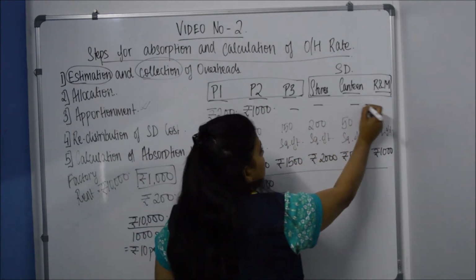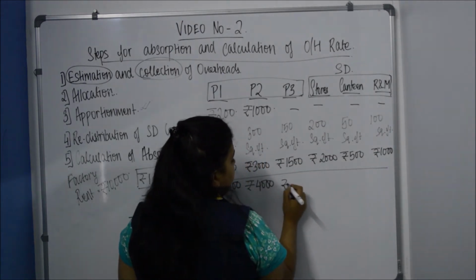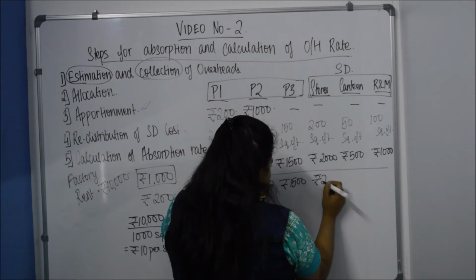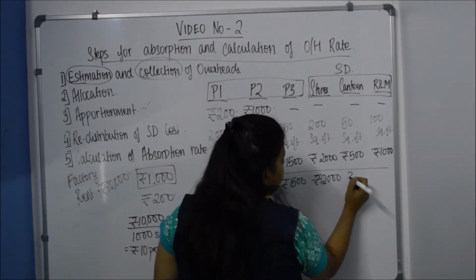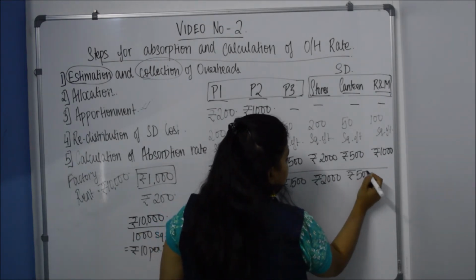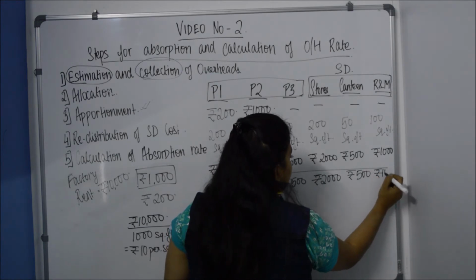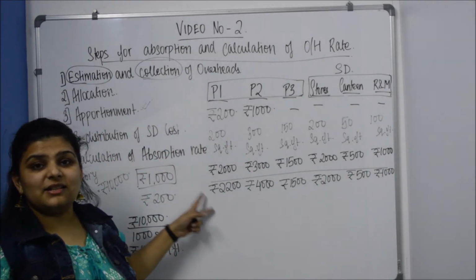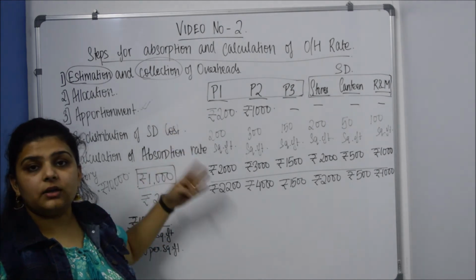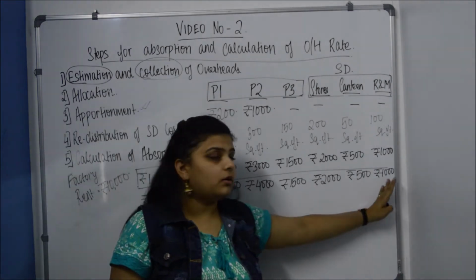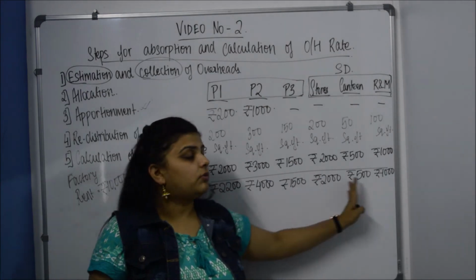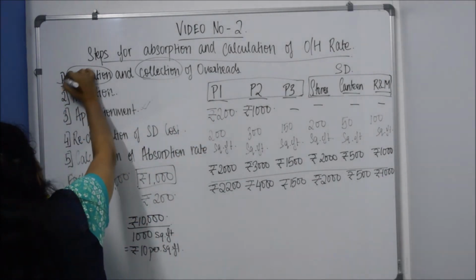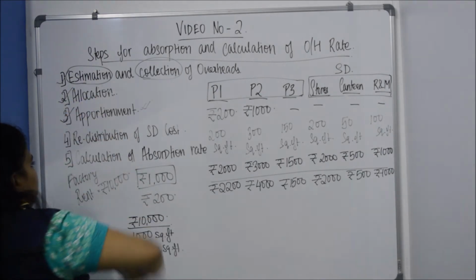Since there is no allocation of cost here, it becomes 1500, 2000, 500 and rupees 1000. That means this is the cost allocated, apportioned, everything. The total collected cost has been distributed in this manner. So with this, we are done with step number 1, 2 and 3.